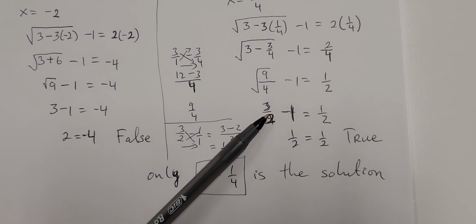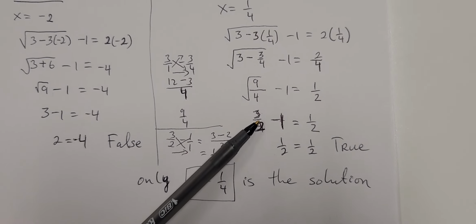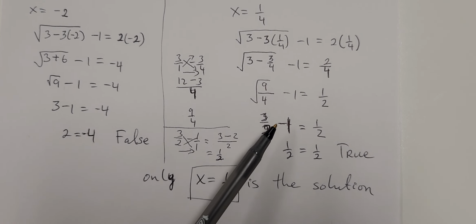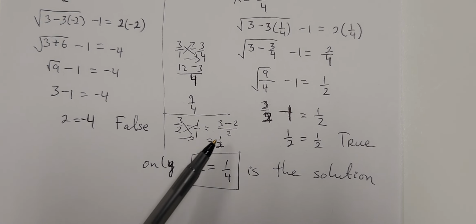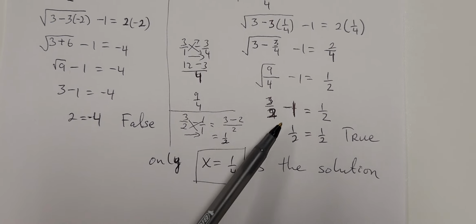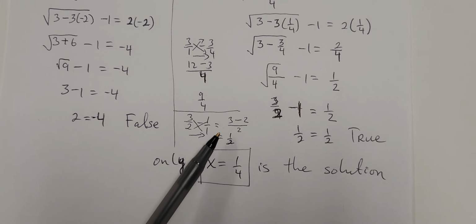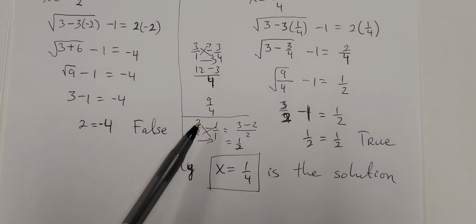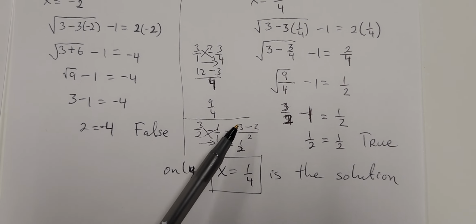So be very careful. Next, we still have adding and subtracting fractions right here. 3 over 2 subtract 1. Here's my work on the side. Start from the left: 3 subtract 3 times 1 gives me 3.